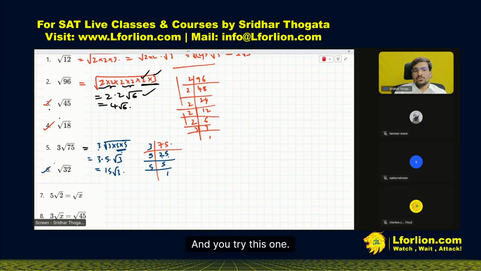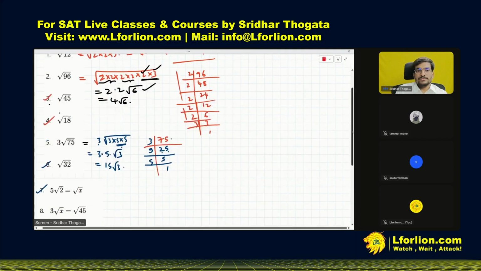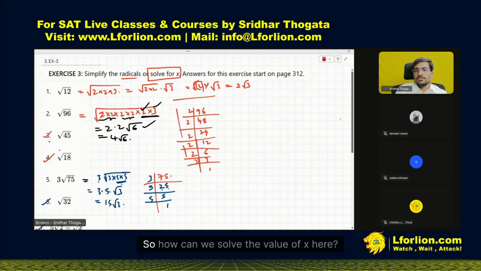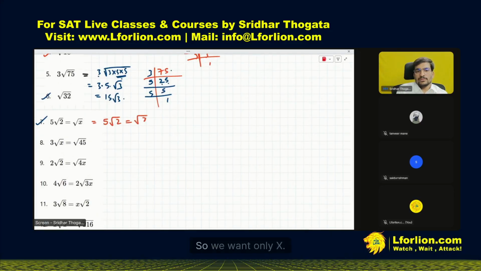And you try this one. We need to find the value of x here. Let me tell you how to solve this. 5 root 2 equals root x. So what is the value of x? You see here, we have to solve for x. We want only x, we don't want this root with it.